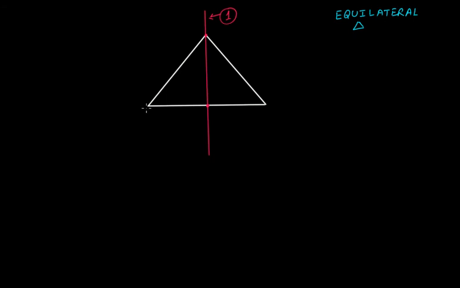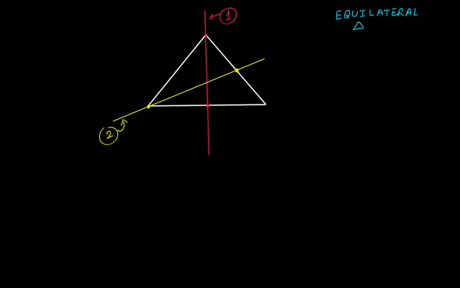Similarly, if we take this vertex and pass a line from this vertex to the midpoint of this side, it will also divide this triangle into two equal halves that are mirror images of each other. Therefore this will be another axis of symmetry.